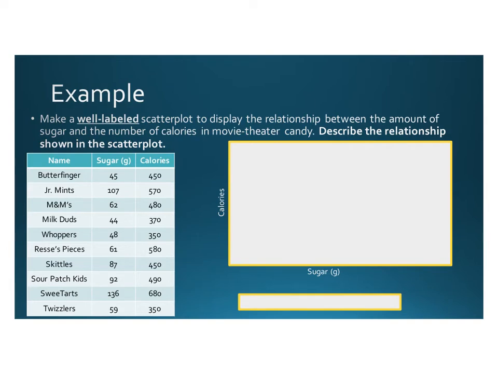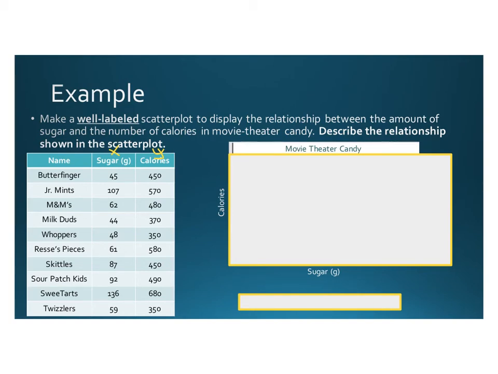I like to think of this as an XY table. So this is X, and this is Y. So sugar would go on the horizontal axis, calories would go on the Y. The other thing we need to be cautious of is we need some sort of title. So obviously we're talking about movie theater candy in this example.